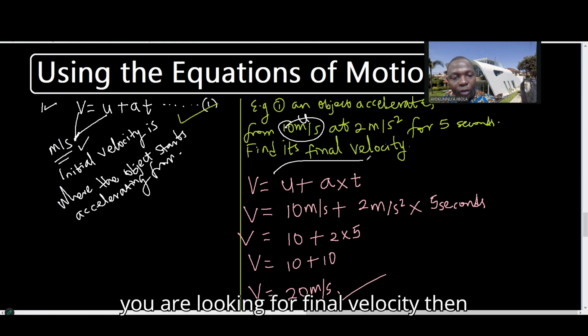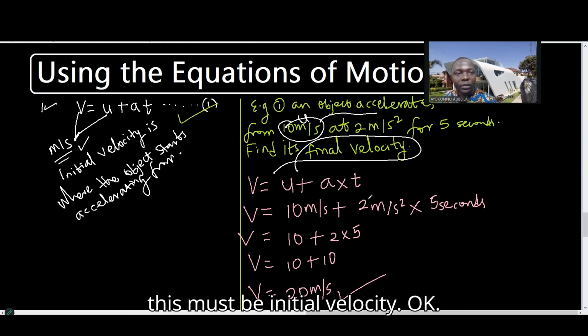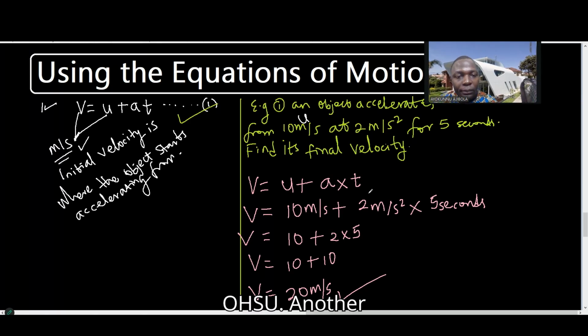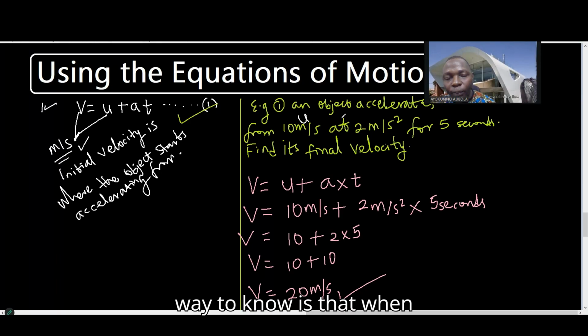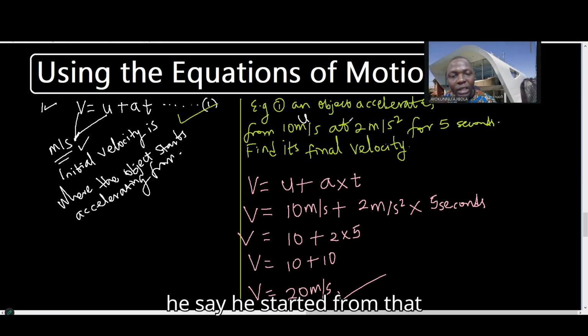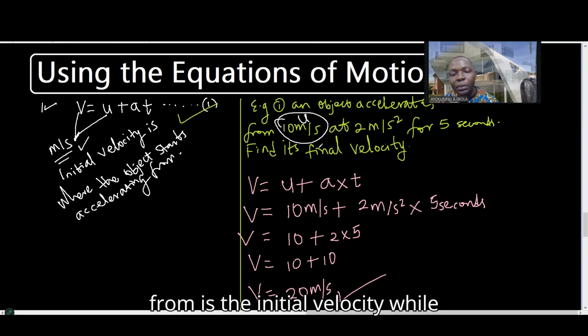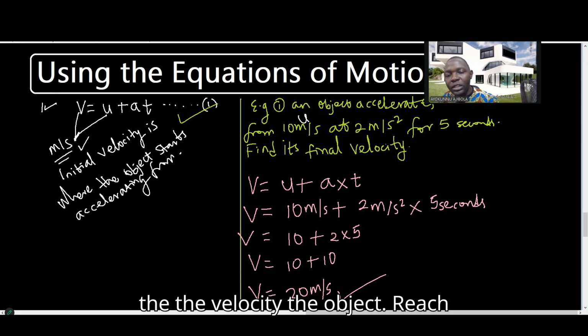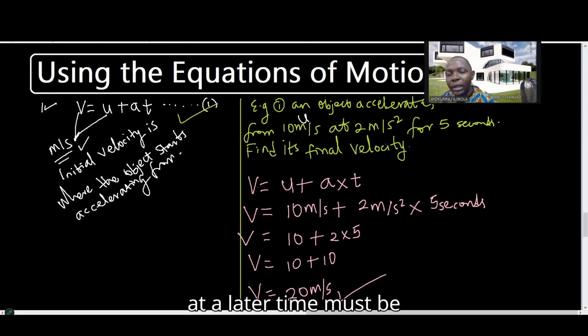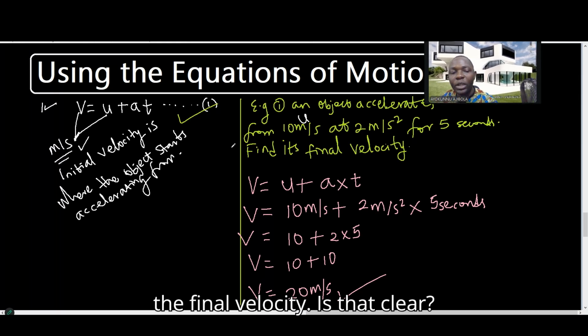Since you are looking for final velocity, then this must be initial velocity. Another way to know is that the velocity the object starts from is the initial velocity, while the velocity the object will reach at a later time must be the final velocity. Is that clear?